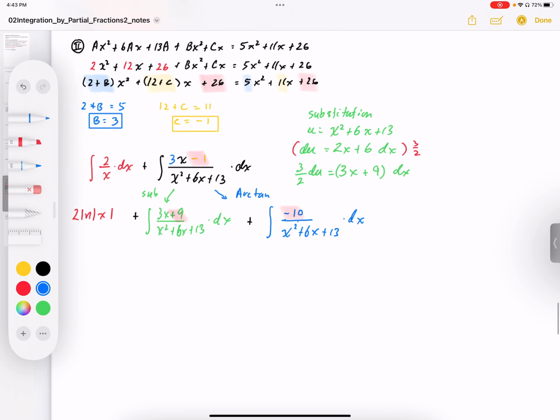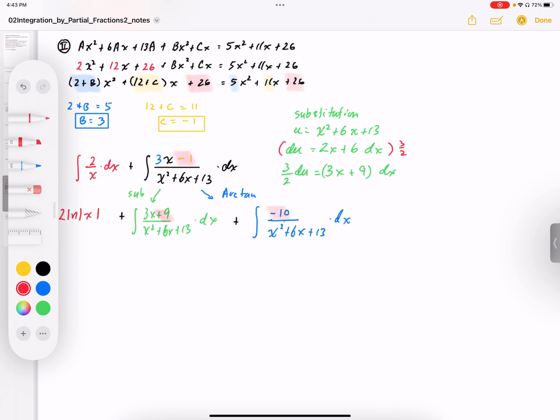I'm going to do the green part with substitution. So here I'm going to end up with 2 log x plus, when I do my substitution, 1 over u, since the denominator is now u. The 3x plus 9, I'm going to replace with a du and a 3 over 2.